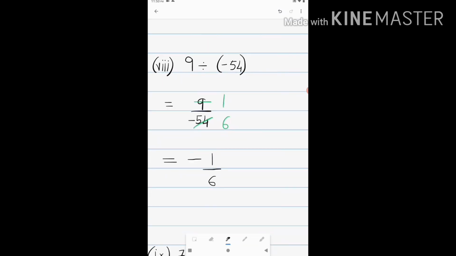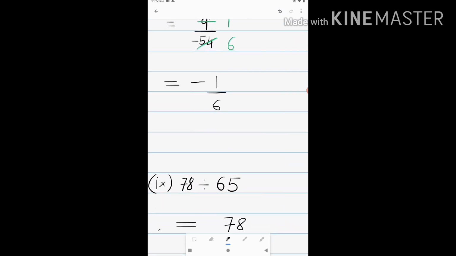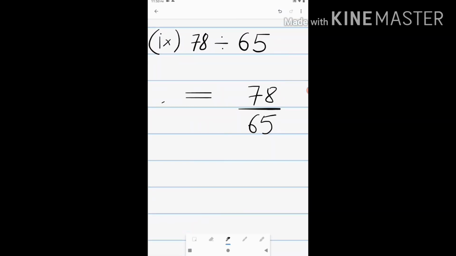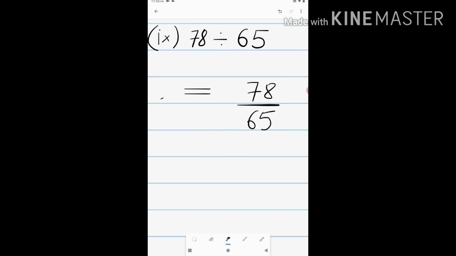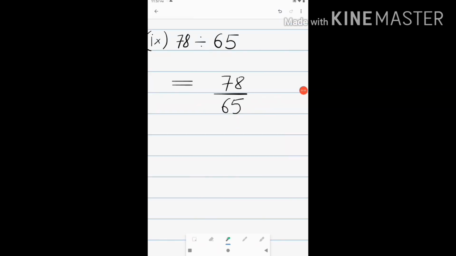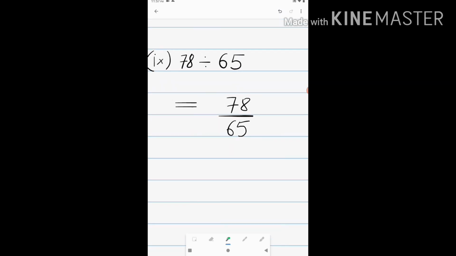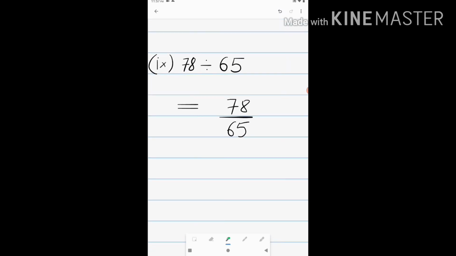Okay, let's move to the next sum, that is 78 divided by 65 again. So we will begin with the cancellation of sum number 9. So both are divisible by 13 times table.